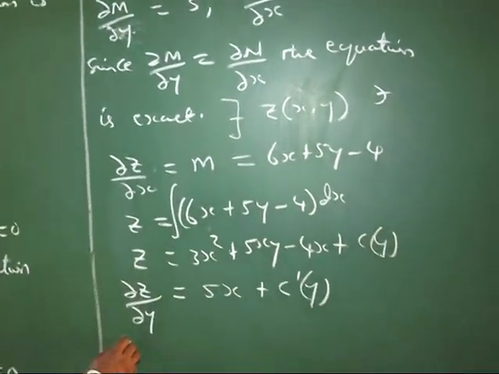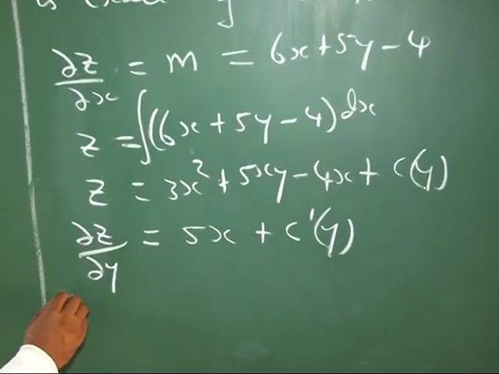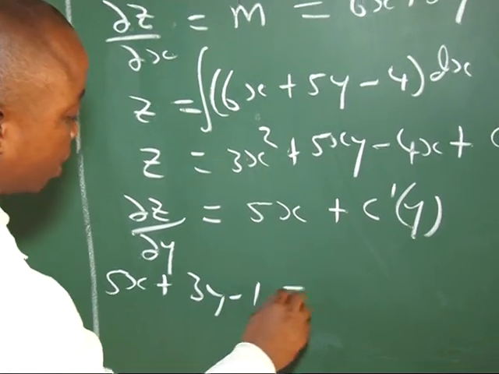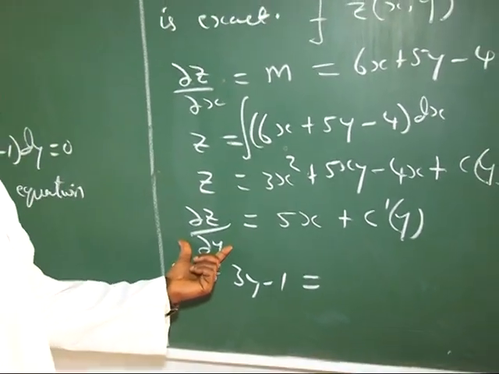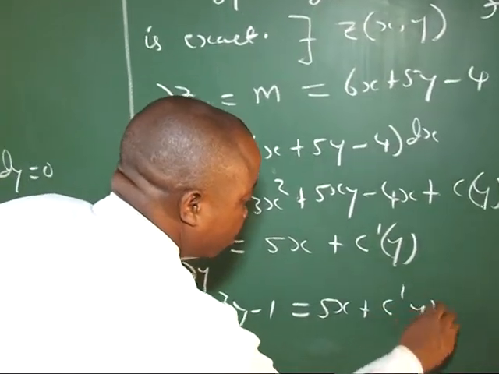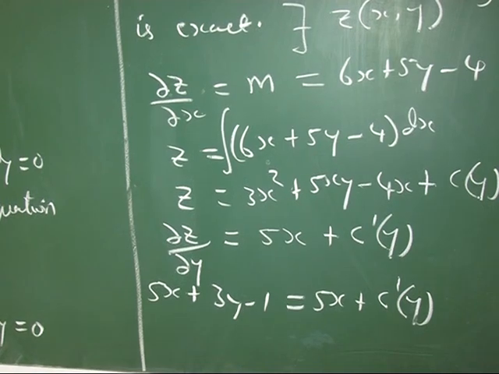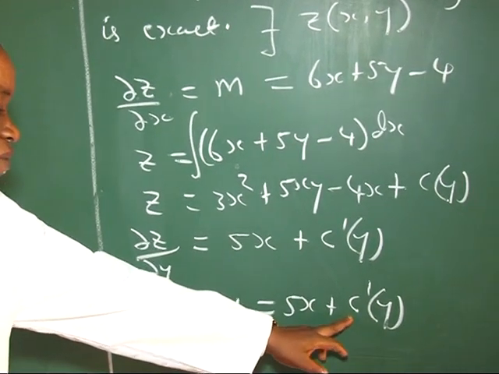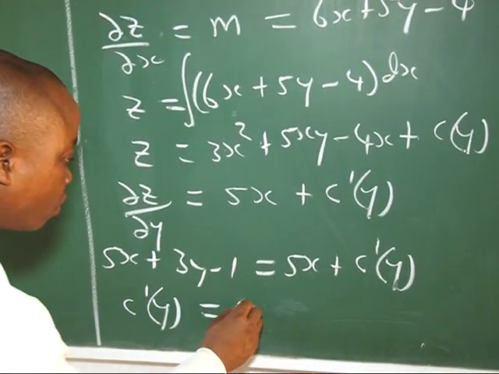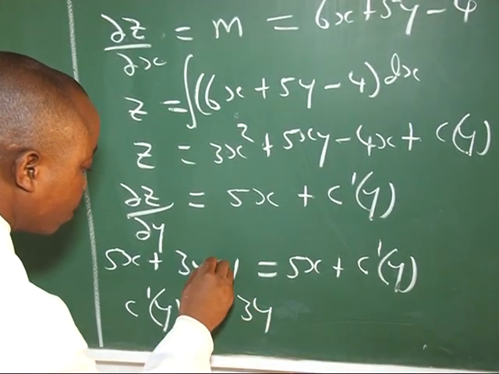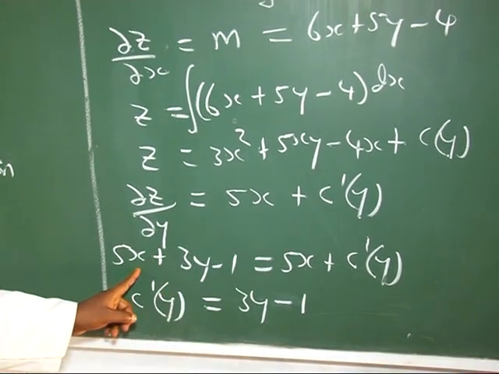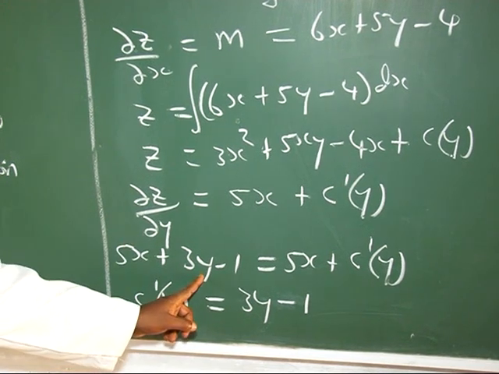So I can put it here that 5x plus 3y minus 1 is equal to 5x plus c prime of y. Now I want to find c prime of y, and of course c prime of y will be equal to 3y minus 1, because the 5x cancels when transferred to the other side.